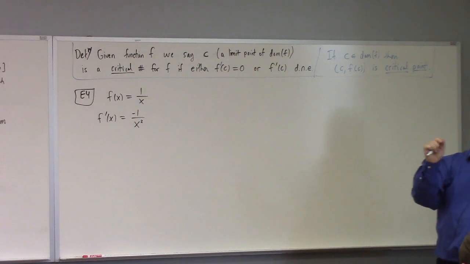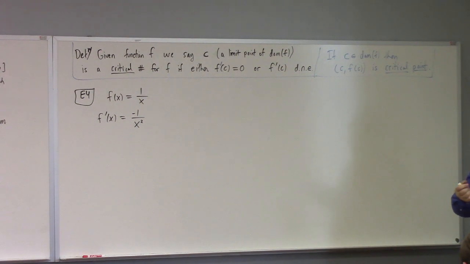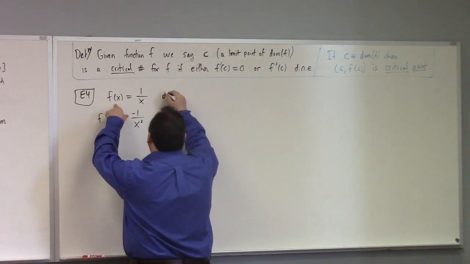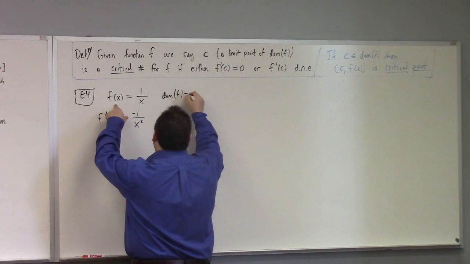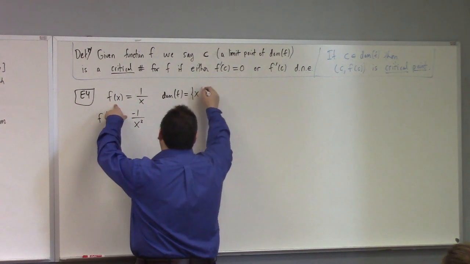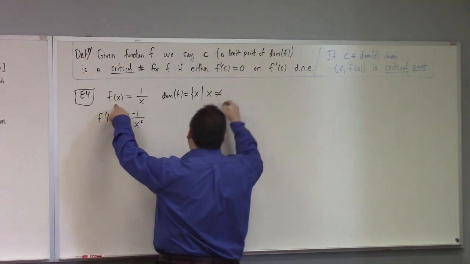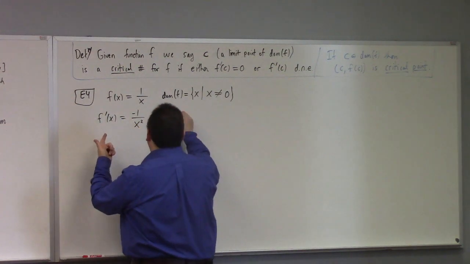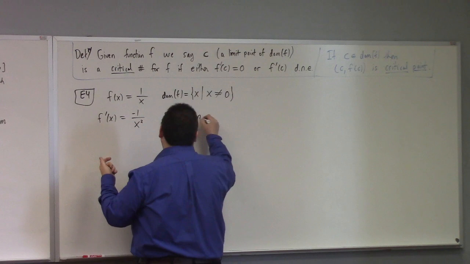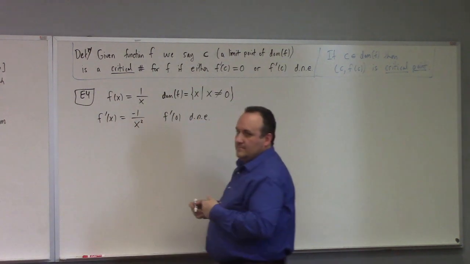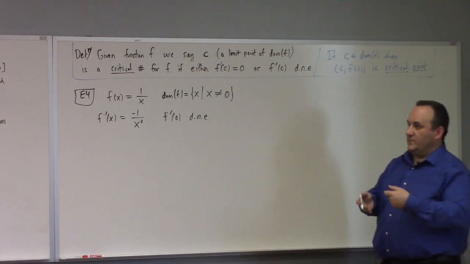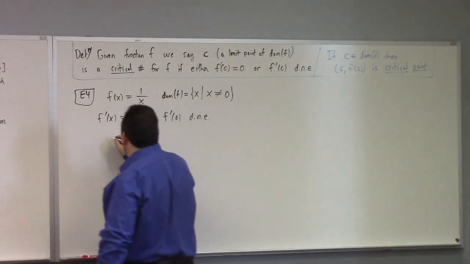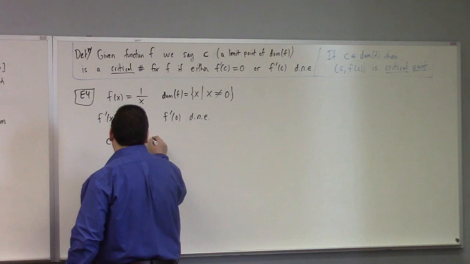There are infinitely many points in the domain close to the point in question. So here, what's the domain of f? Basically, x such that x is not equal to 0. And notice that f prime of 0 does not exist, right? It's not even defined. So for this function, 0 is a critical number. So c equals 0 is a critical number.